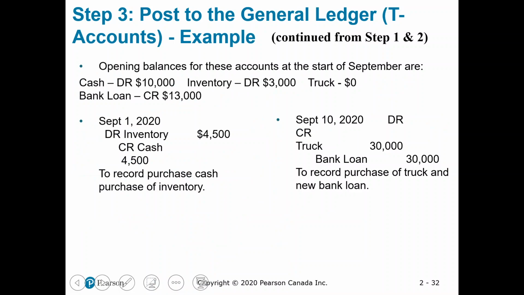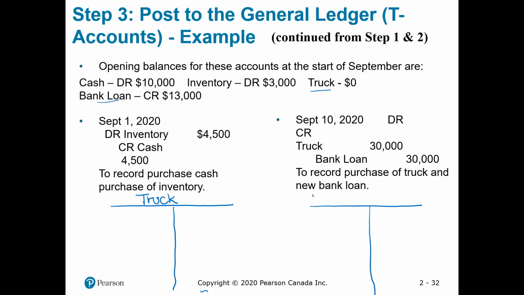Now let's go ahead and look at our truck and our bank loan account. So we set up the truck T account and our bank loan payable. So the truck has a zero balance, and it's not a bad thing to show this. So we typically would start, if it's a zero balance, with where the normal balance would be.